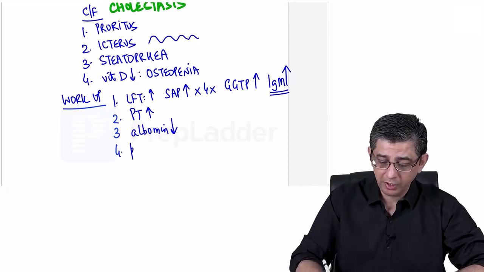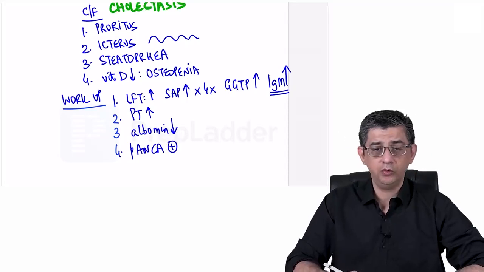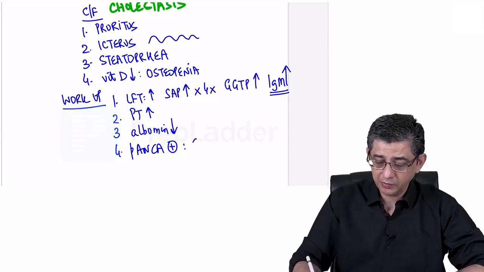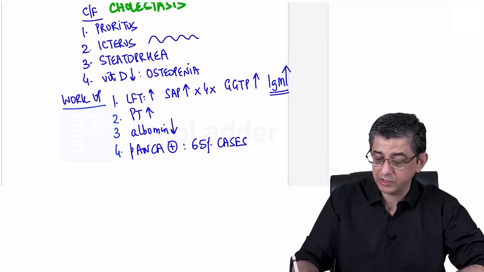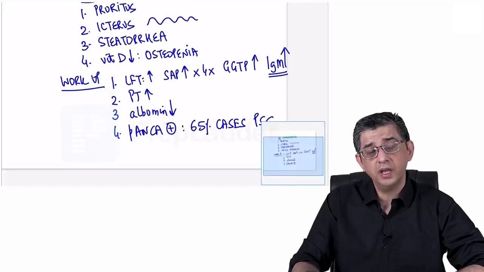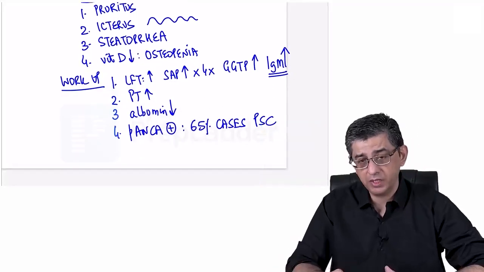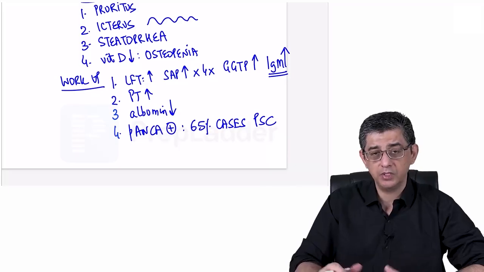The antibody profile that will help me in picking up this disease is PNK. The only point I want you to remember is that PNK is found in only 65% of the cases of primary sclerosing cholangitis. Do remember the figures there. 65% of cases of PSC would be PNK positive.